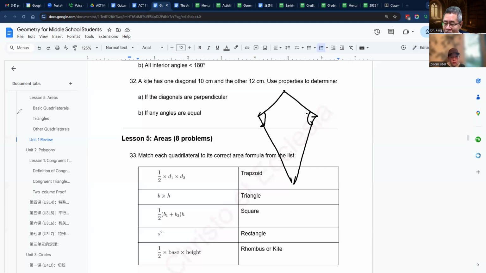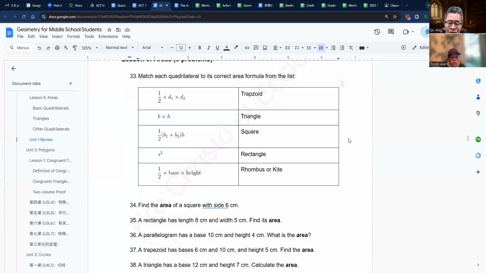Okay, now we're going to do lesson 5 review. Match each quadrilateral to the correct area formula from a list.